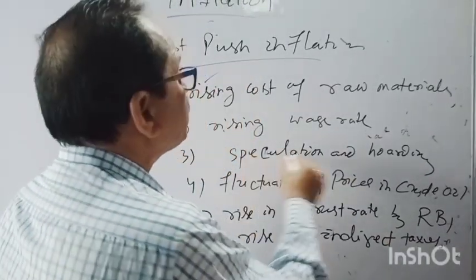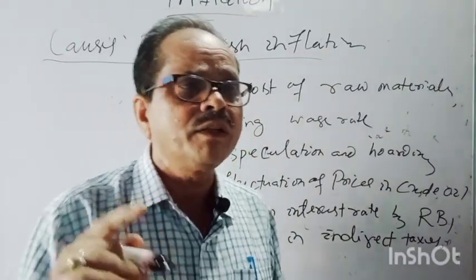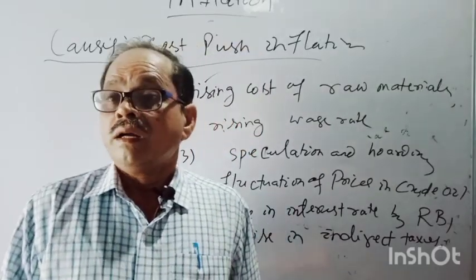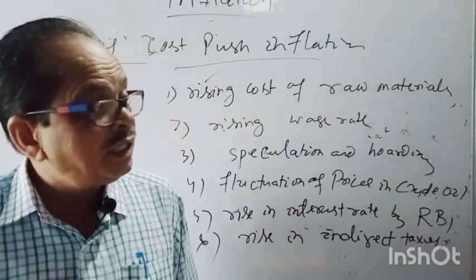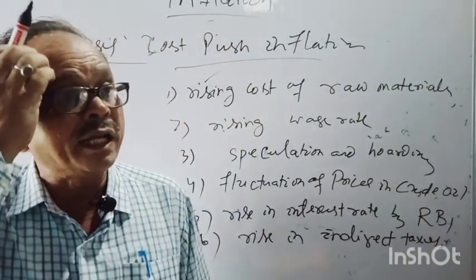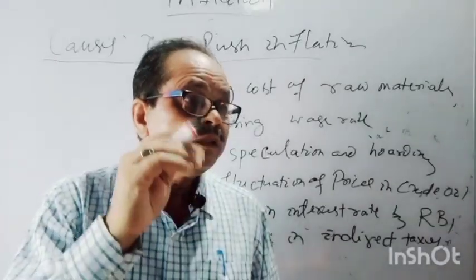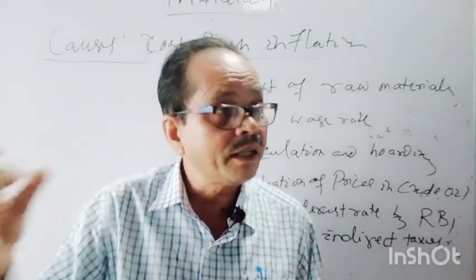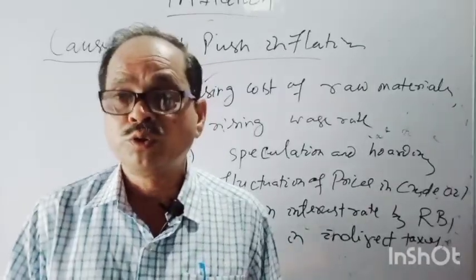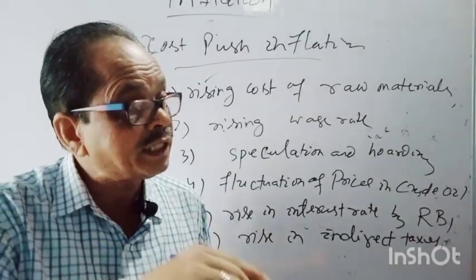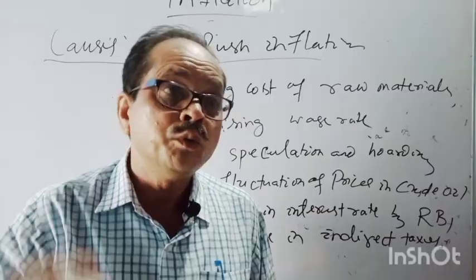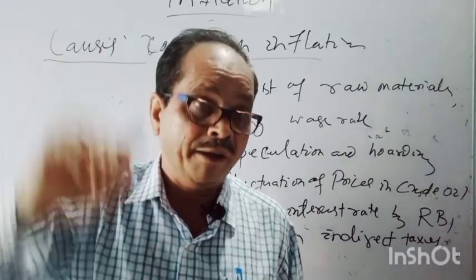Okay, speculation and hoarding. It means every dealer, producer and wholesaler has the tendency to hoard or stock goods in their warehouse, so that they will sell these goods in future when the price is high.